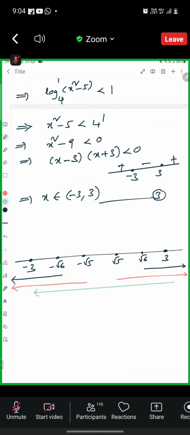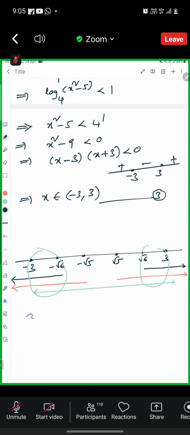Now tell me, where do we have all the 3 colors? Minus 3 to minus root 6 union root 6 to 3. All the 3 colors are there here and here.